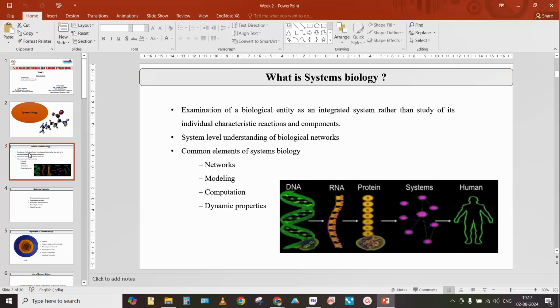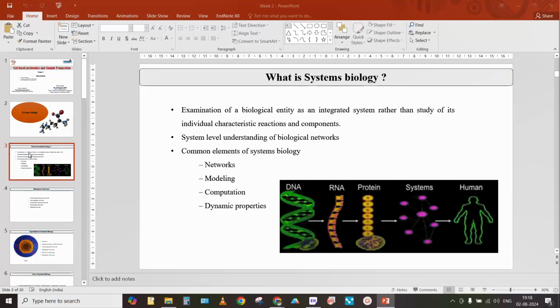So the biological information is represented by the networks of interacting elements and dynamic responses to perturbations. These networks provide insights which cannot be analyzed from the isolated components. Then the common elements of systems biology include networks, modeling, computations, and dynamic properties.